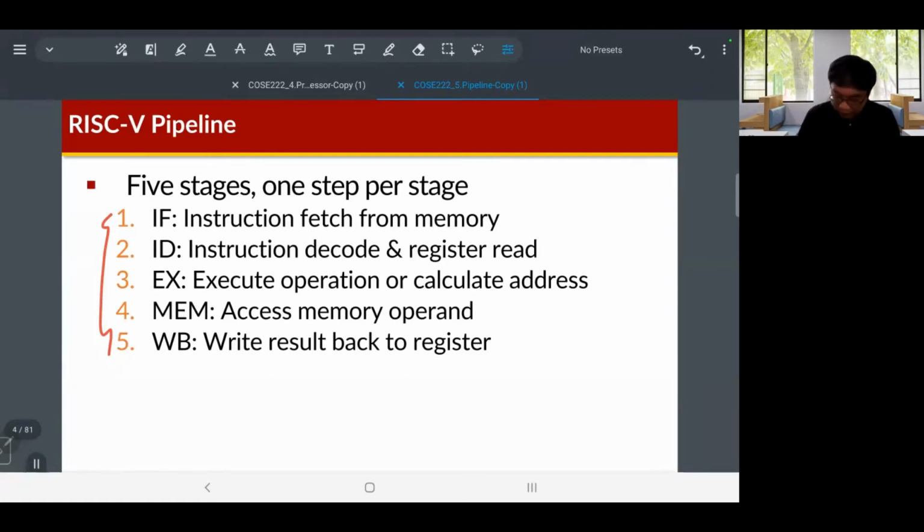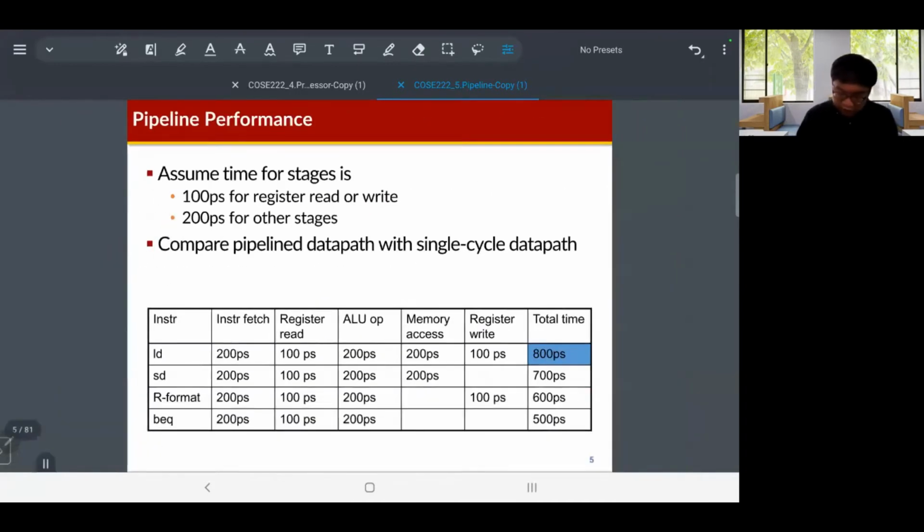Okay. Let us assume that this is the delay of each step. So this is the instruction fetch. This is the instruction decoding and execution, and then memory and write back.